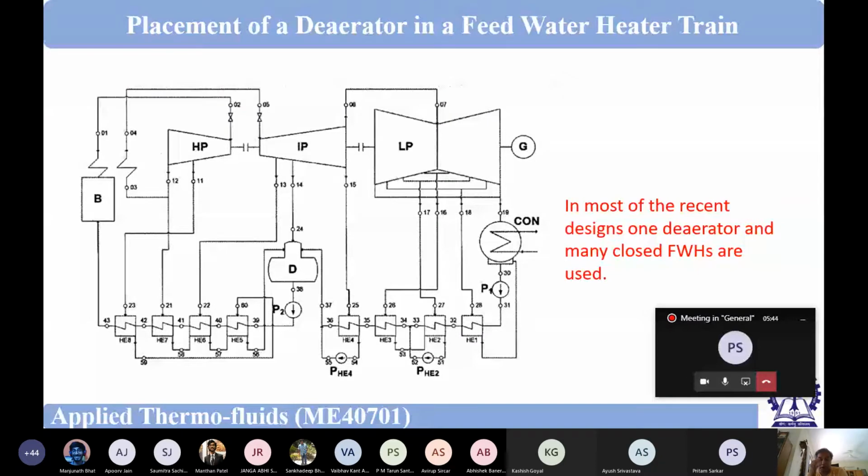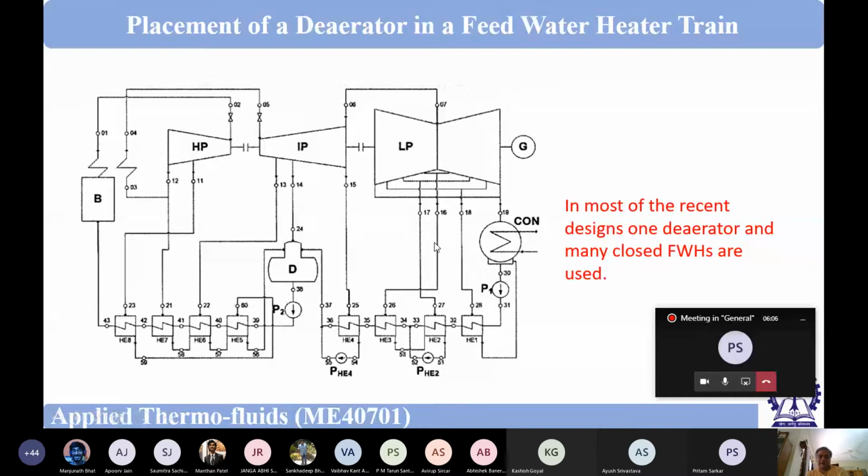Now, if we have so many feed water heaters, and feed water heater means that we are tapping steam, extracting steam from the turbine at different pressures. This is at high pressure, this is at slightly lower pressure, this is still lower pressure, this is at the lowest pressure.